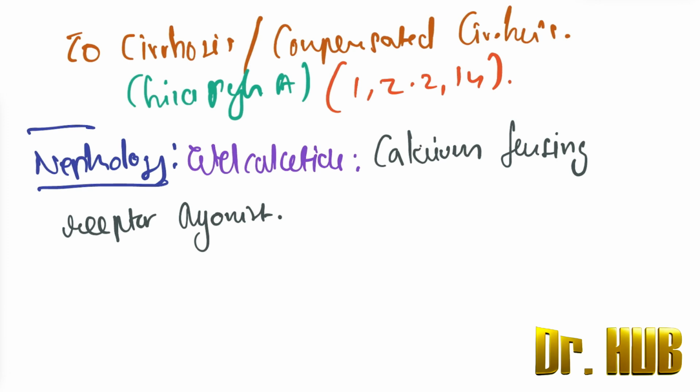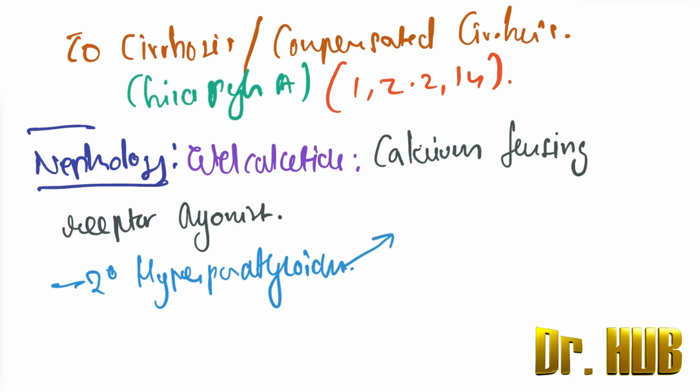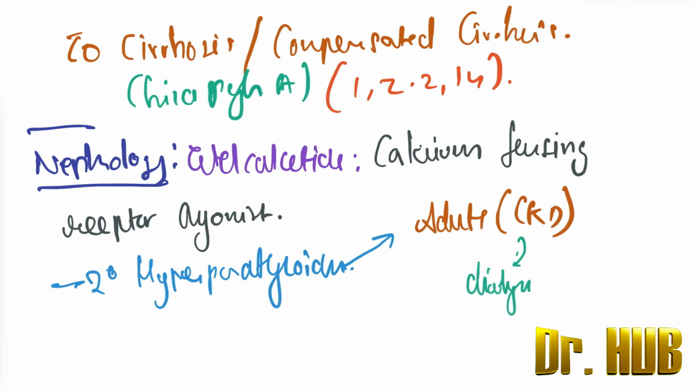And it is used to treat the secondary hyperparathyroidism in terms of the adult patients with CKD, so it is in adults with CKD who undergo the dialysis.